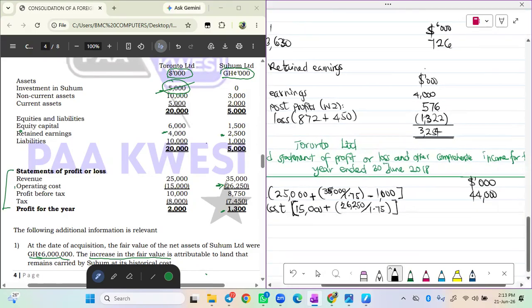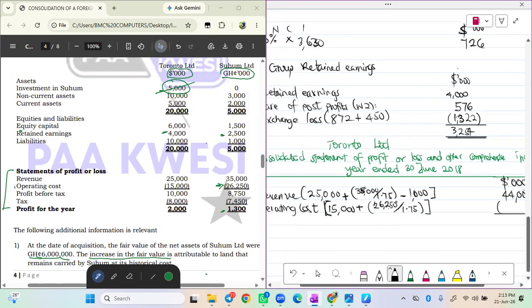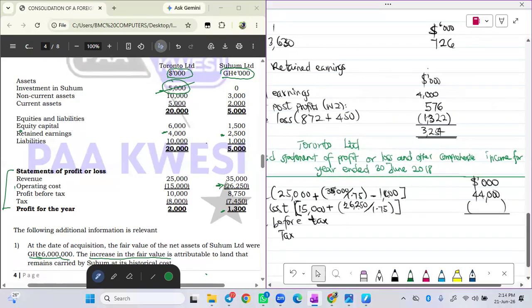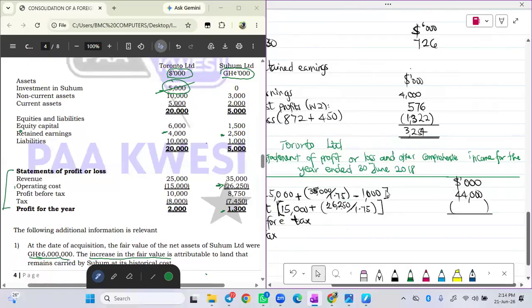So what will be the operating cost? $30,000.